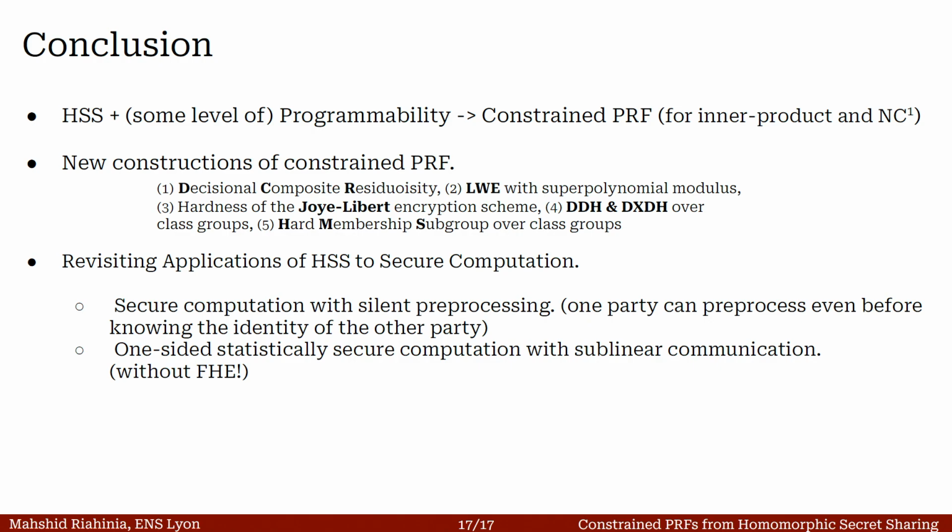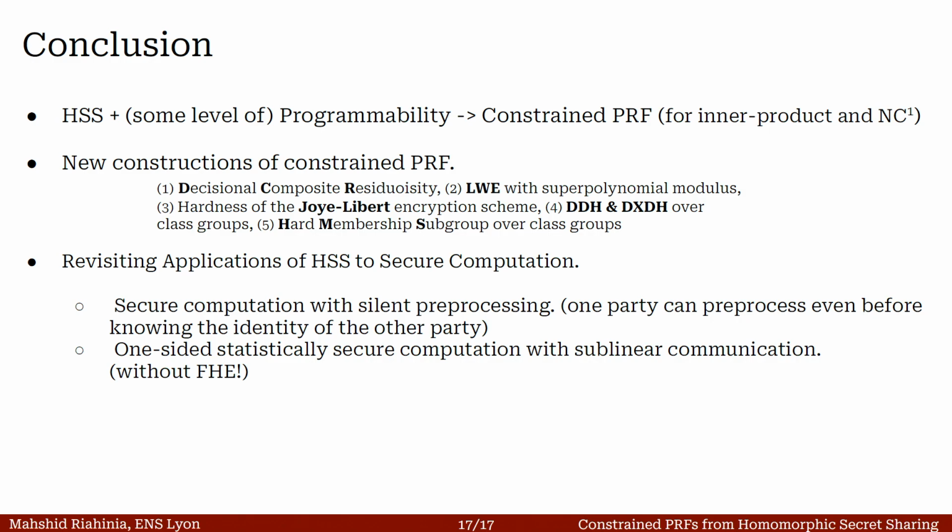So that was it. To conclude my talk, we showed that homomorphic secret sharing schemes with some level of programmability imply constrained pseudorandom functions, in particular for inner product and NC1 predicates. We therefore have some new constructions of constrained pseudorandom functions from these 5 assumptions that I will not read out loud.